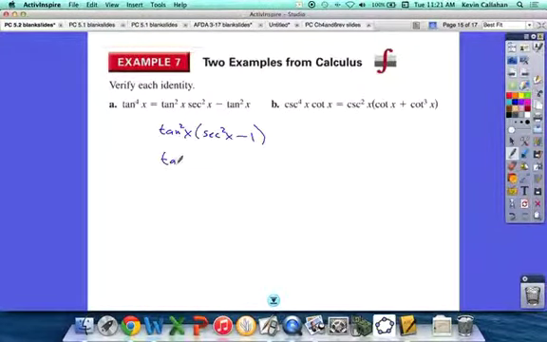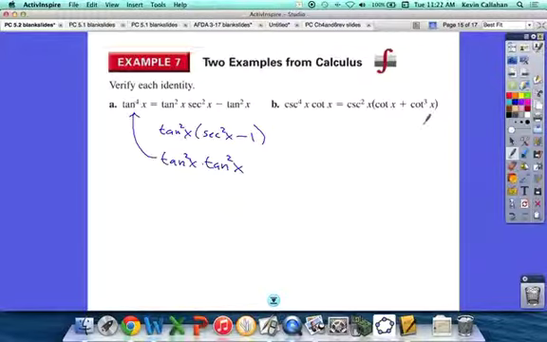So that's tan squared times tan squared, which is tan to the 4th. And I think the other one is similar in that all you're really doing is factoring here. And it looks like there's been some factoring done already, but there's still something you could take out of the expression in the parentheses.